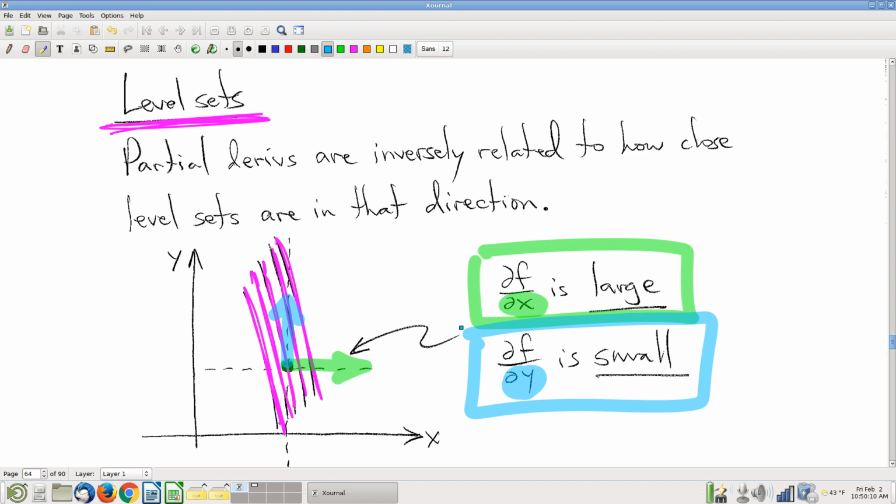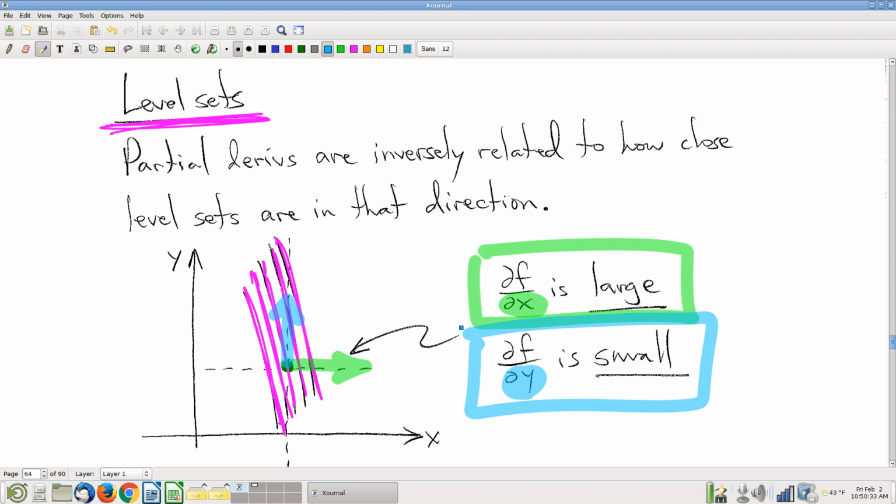So this is my first example of why it's so important to keep ever present in your mind: wait a minute, what's my context? What kind of picture am I looking at here? What has that picture got to do with this function f, whose partial derivative I'm computing? Make sure you're very clear about any picture you're looking at.